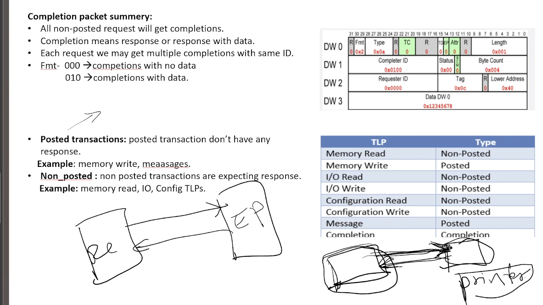Let's see one more definition: non-posted. Non-posted means you will get a completion response, maybe with a response only or with data as well. Let's take read as one example. You want to read data from a device. You have a laptop connected to a hard disk.